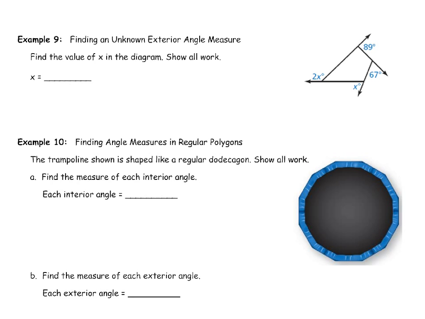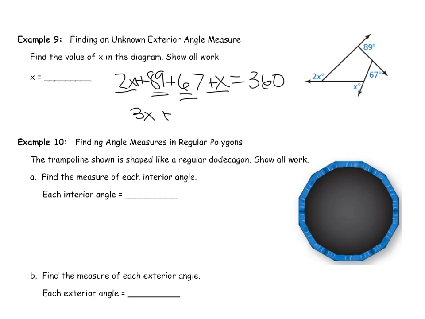So all we have to do here is add all those up, 2x plus 89 plus 67 plus x, and simply make it equal to 360. Combine my like terms, we get 3x plus 156 equals 360.